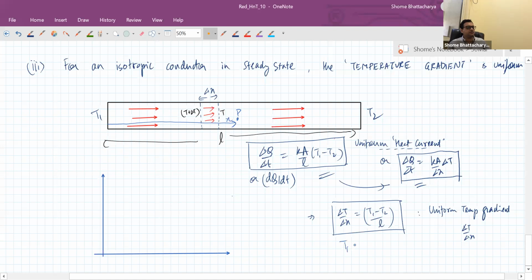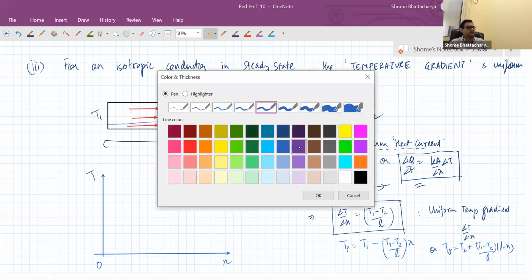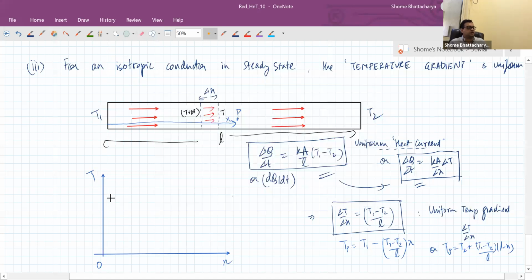So the temperature at any point P would be like this, because the temperature in terms of position in steady state would be a graph having a uniform gradient, or that means a uniform slope.